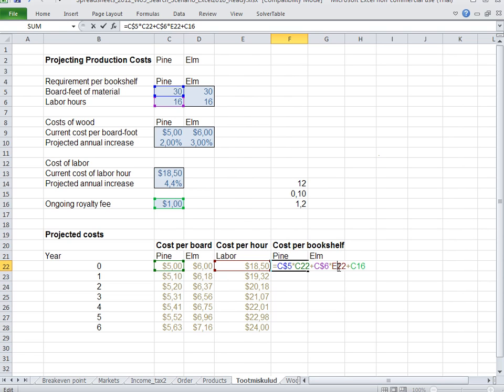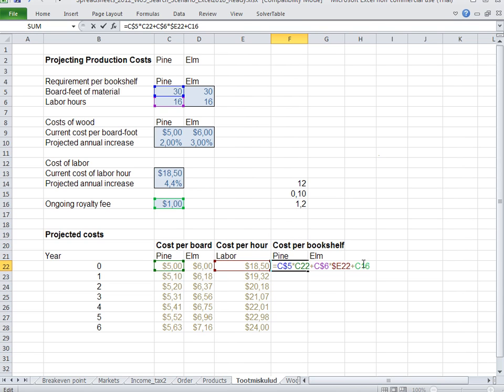But this one will not have to move left and right because when we copy it to Elm, it will still have to stay in the E column. It will move up and down, but not from the E column to the D column. So we click F4 so long that we'll have $E, the dollar fixes E, won't move left, right, 22 will move up, down. Okay. And now the last one.